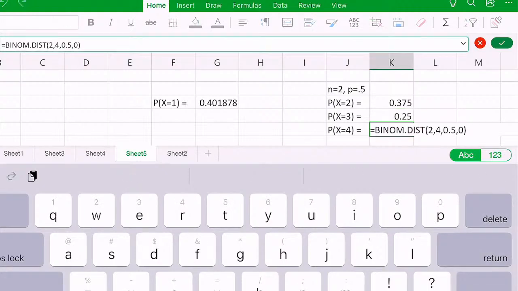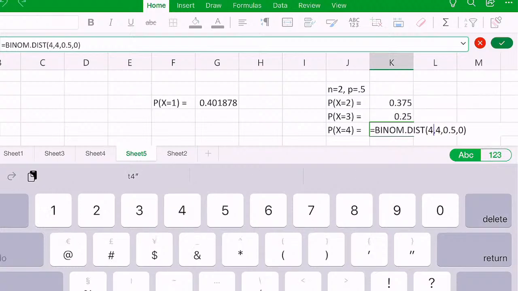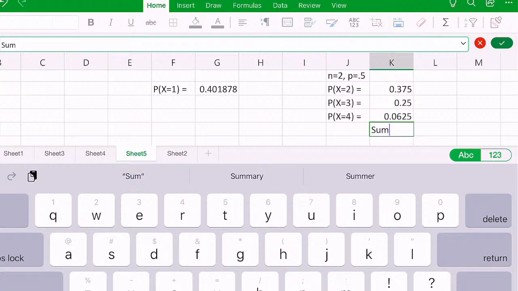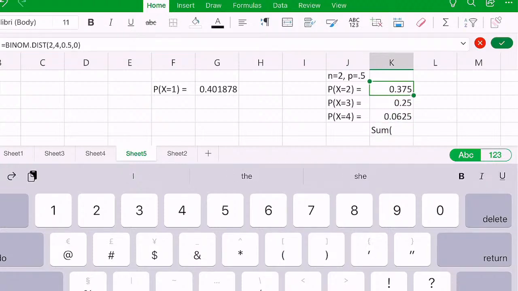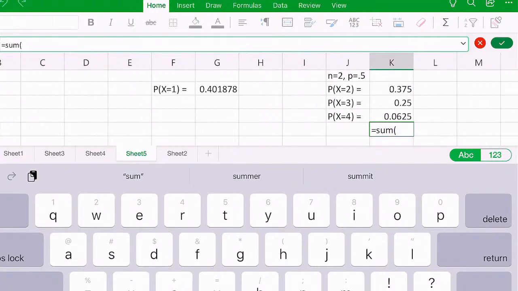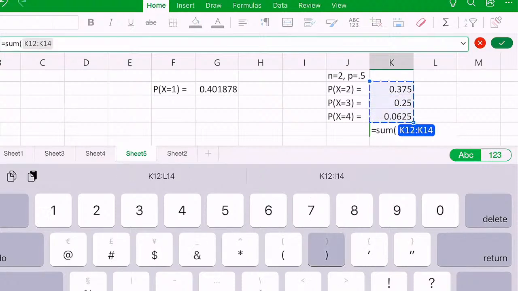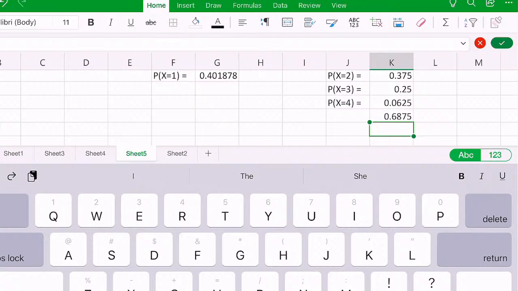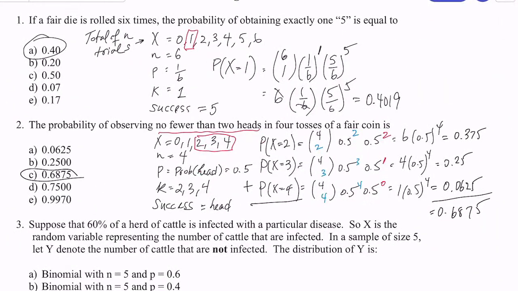And this is not 2 that you're interested in, but 4. And then you can sum. I forgot to put the equals. Equals sum. Okay, questions? All right, let's see if we can do a couple more together and then I'm going to move on.